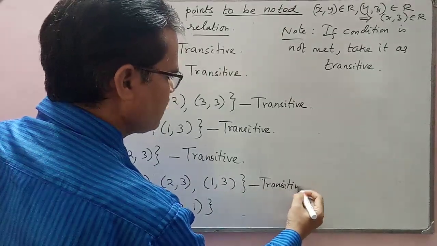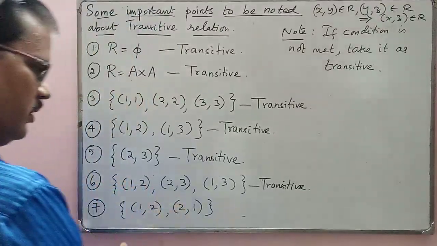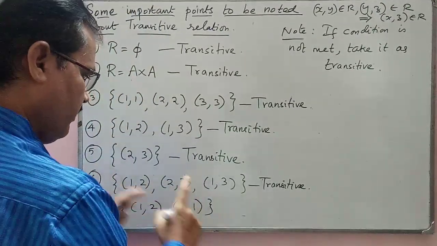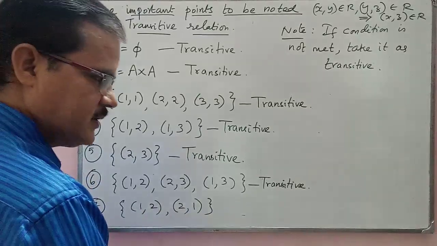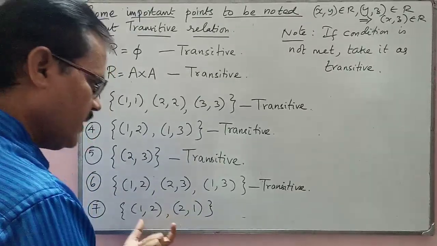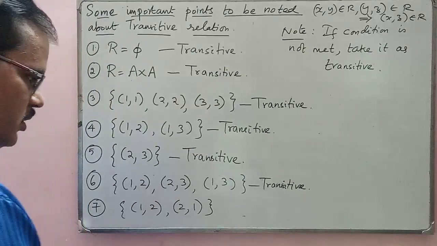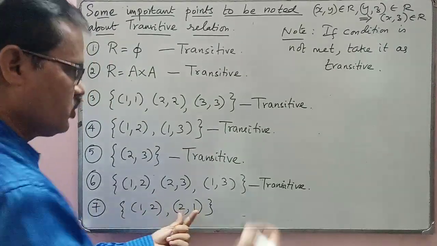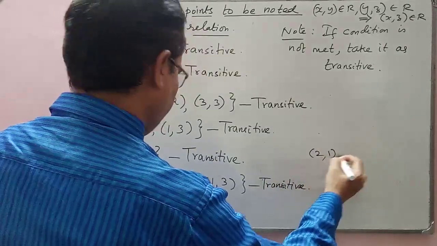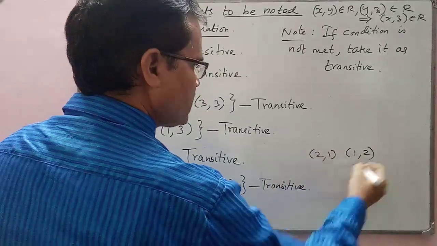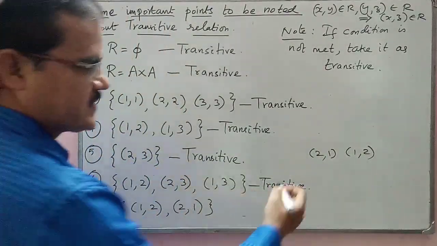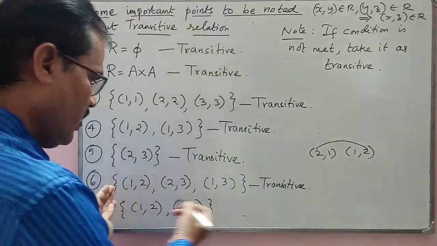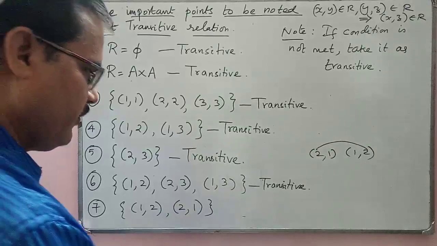The last one, children, think carefully. 1, 2, 2, 1 is there. You will very clearly say, sir, 1, 1 is not there. So if 1, 1 is there, we will take it as transitive. No, even if 1, 1 is there, you cannot take it as transitive. Think it over. When a student is writing this ordered pair 2, 1 first, and he writes 1, 2 next, can you understand? Yes, 2, 2 should also be there. They understand this ordered pairs writing order is totally different, right?